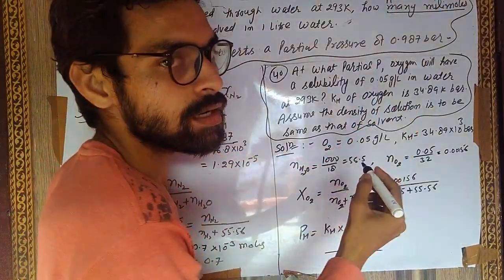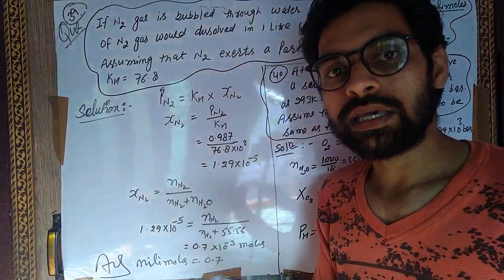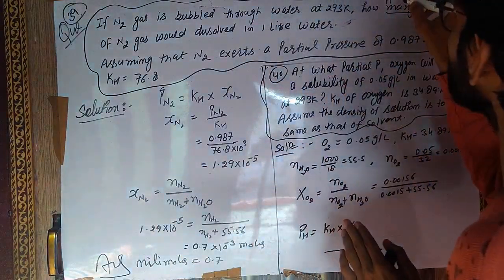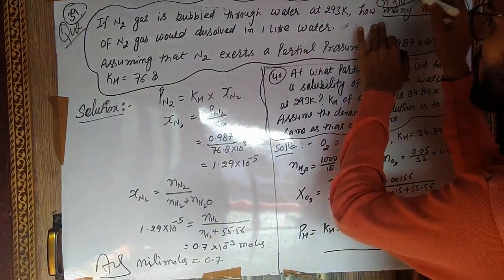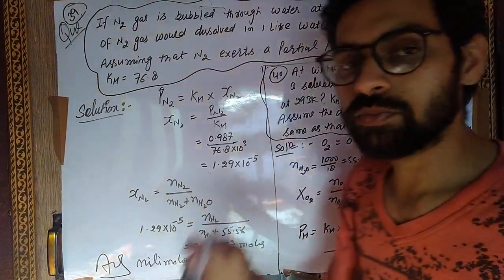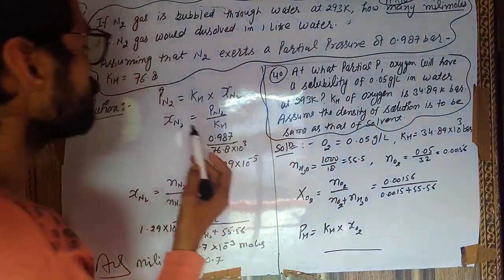Moles is n. As you convert gram into milligram, you multiply by 10 raised to power 3. So you have to calculate n into 10 raised to power 3. Is it clear?